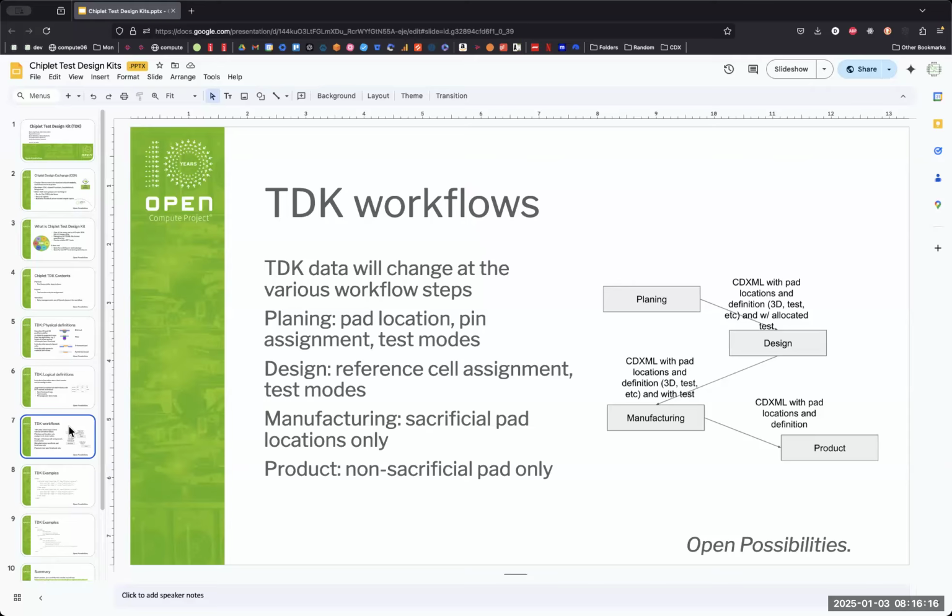Couple of examples, right? When you are just planning the pin assignment, you really don't need to think about the physicalities of those pins and pads, so you don't have to define them. You can do the actual definition at a later stage once you figure out what the manufacturing is going to look like, especially the 3D part.